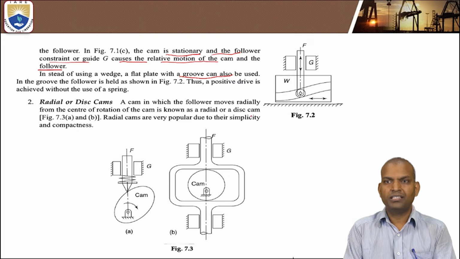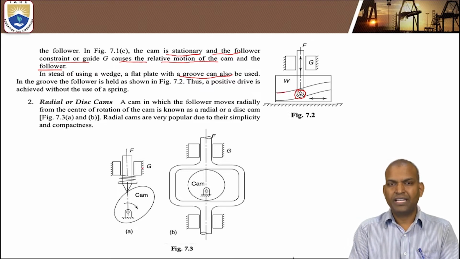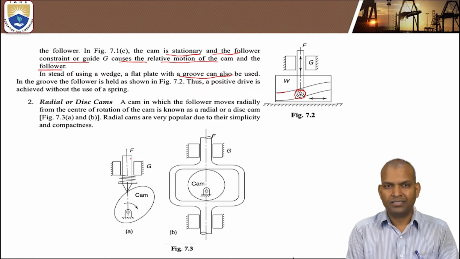So these are the different types. But in this case, there is no need to use a spring. Why no need to use a spring? Because this follower remains within the groove of a plate. Thus, we can replace one element by another in order to achieve various output motions.